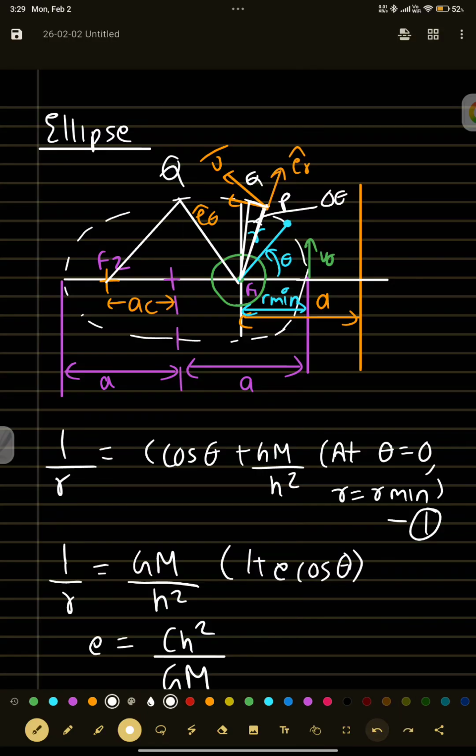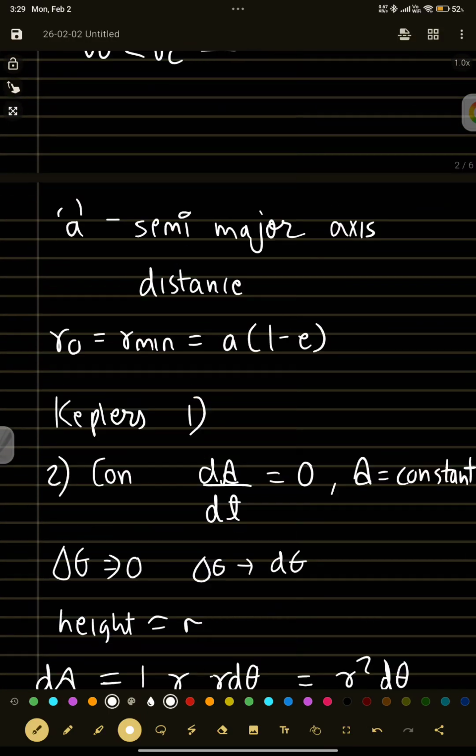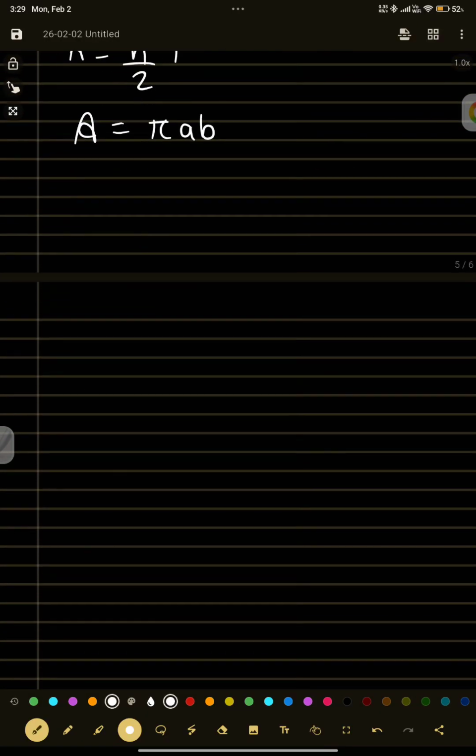And what is F1 Q? b square plus a square e square equals a square. So it is actually, I have written F1Q square equal to a square.